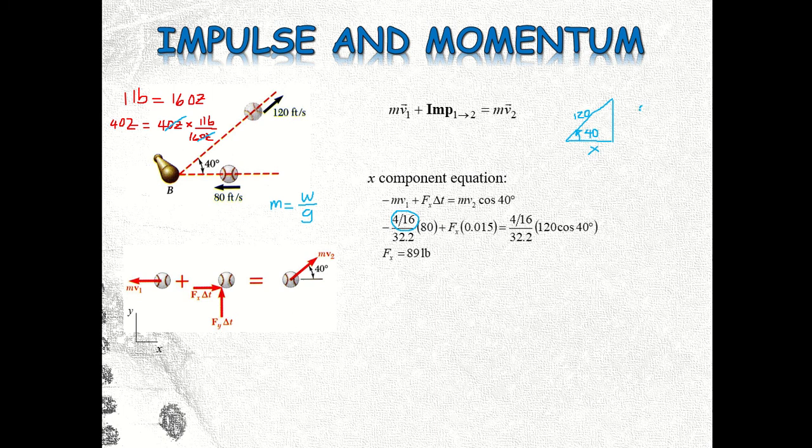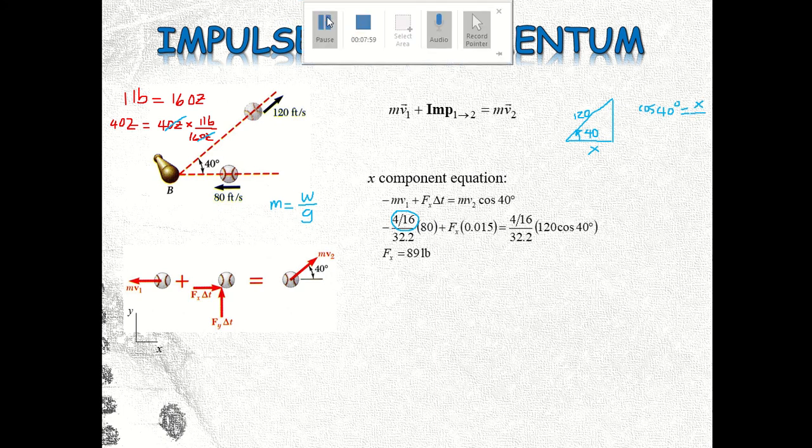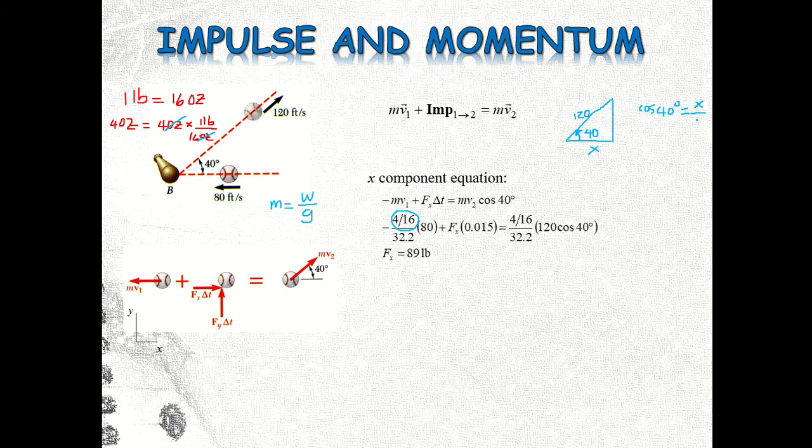So cosine of the angle, which is 40 degrees, is equal to the adjacent, which is x, divided by the hypotenuse, which is 120.